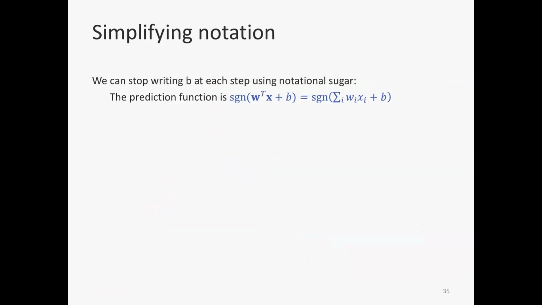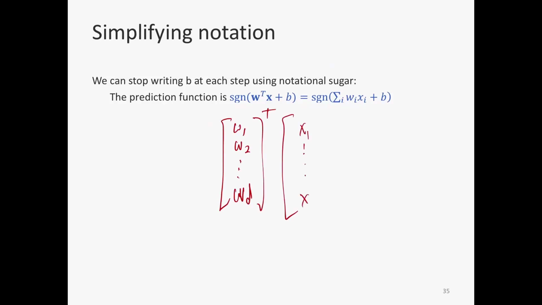Okay, I'm going to introduce a little bit of notational simplification that allows us to stop writing the bias term and treat it as just one more weight that we have to train. Because that's what it is. It's just one more weight. The prediction rule is the sign of w transpose x plus b. So this w transpose x looks like w1, w2, wd transpose x1 till xd.